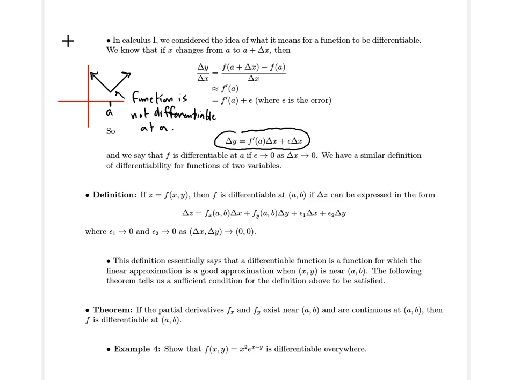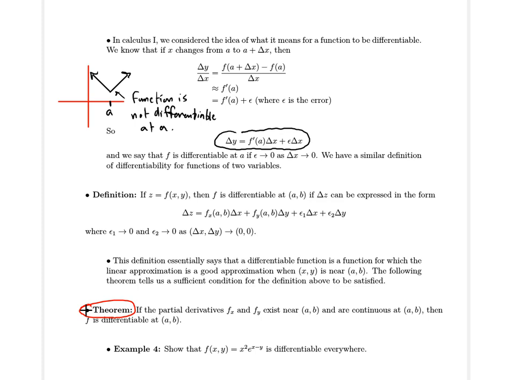All right, now this business looks like a big mess that we don't really want to have to deal with on a practical basis. So here's a theorem to help us out for something we actually can check. It says if the partial derivatives exist near the point and are continuous at that point, then f is differentiable.